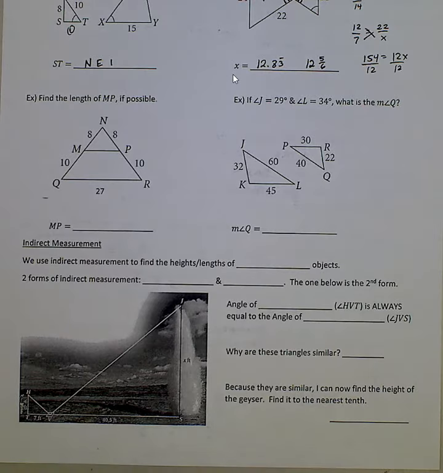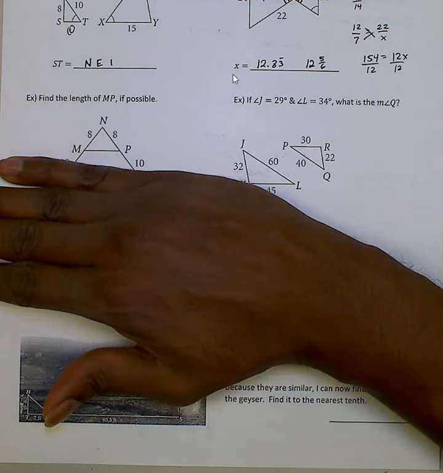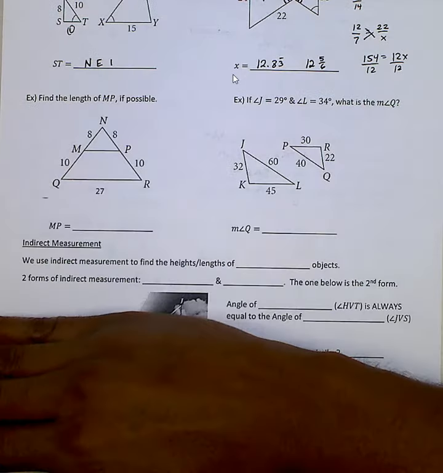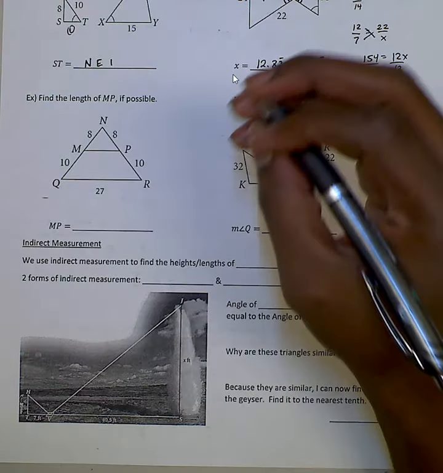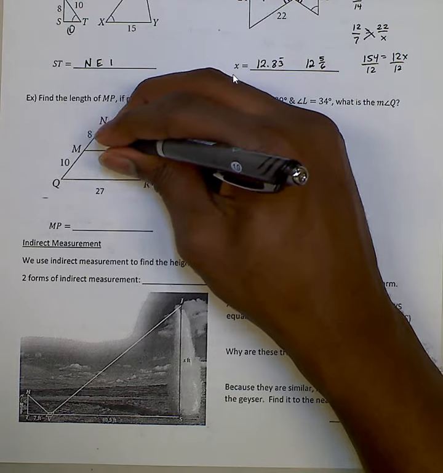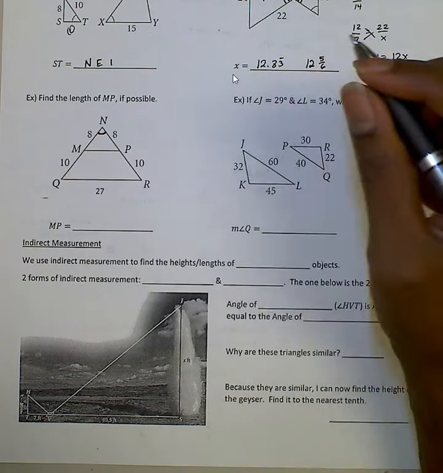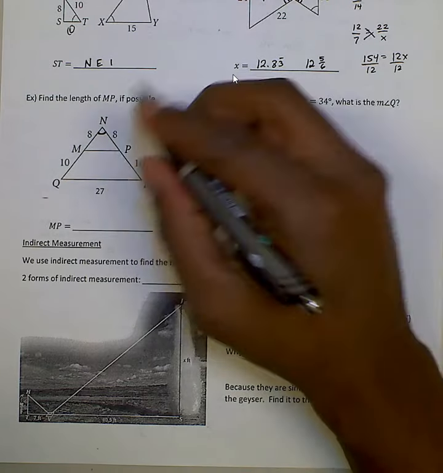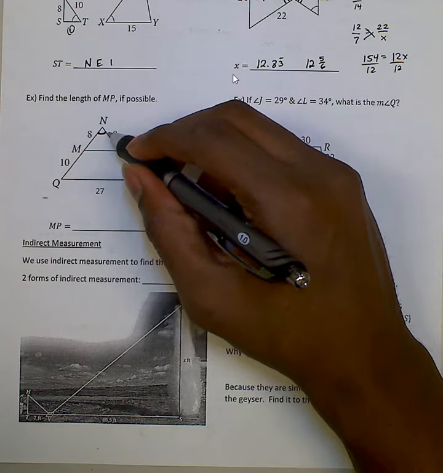MP is a part of this small triangle here, right? And we have this large triangle here. So what we can try to do, we know that angle N is going to be the same. It's a shared angle, right? So we have angle, side, angle.